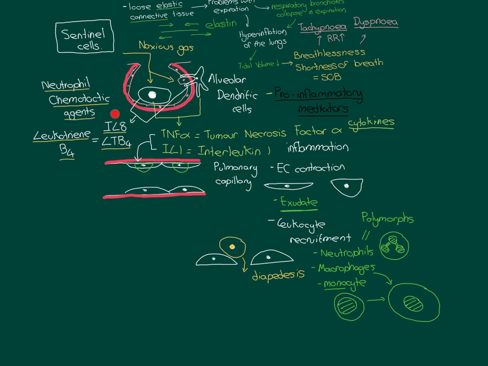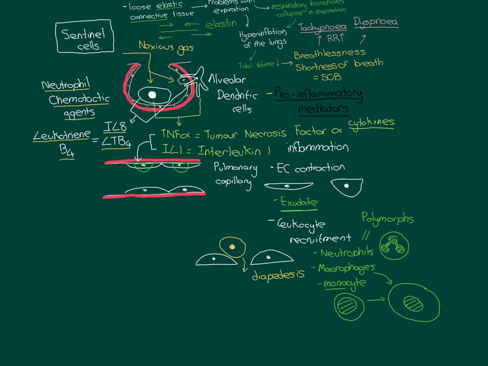And these somehow, by a mechanism that's not completely understood, lead to a huge amount of neutrophils being recruited here. So you're going to end up with lots of neutrophils and also macrophages in the area underneath the alveoli and also in the area underneath the respiratory bronchioles. So it's going to end up in the area where the elastic connective tissue is.